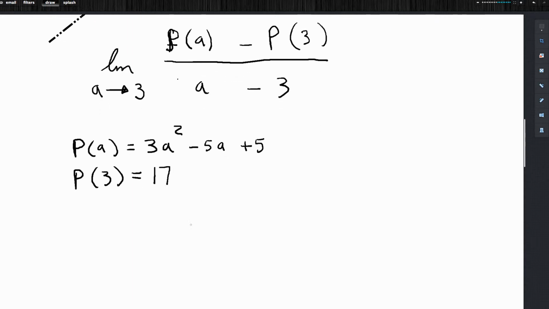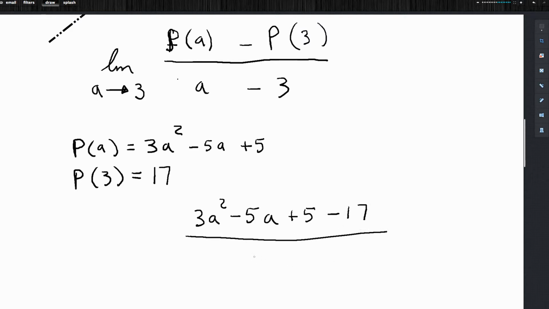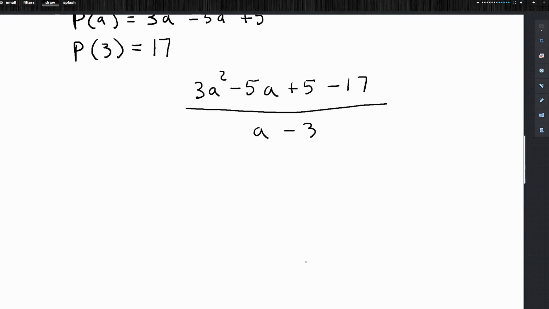If I calculate 3a squared minus 5a, now if I take plus 5, and if I subtract 17, and I want to divide that by a minus 3. Okay, let's see what we get here. And this is the thing that we're going to calculate the limit of here.